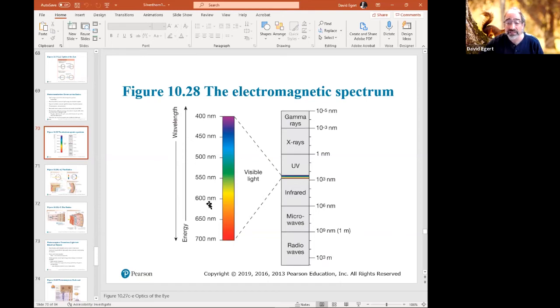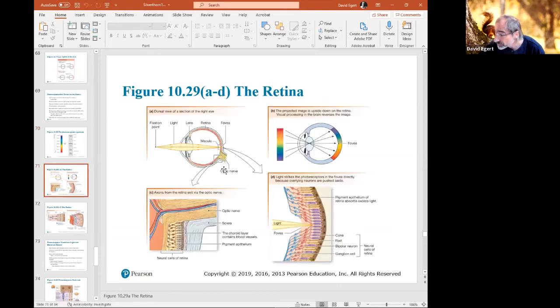It's useful to remember what light actually is. It's this energy. And again, it's being picked up by the retina.